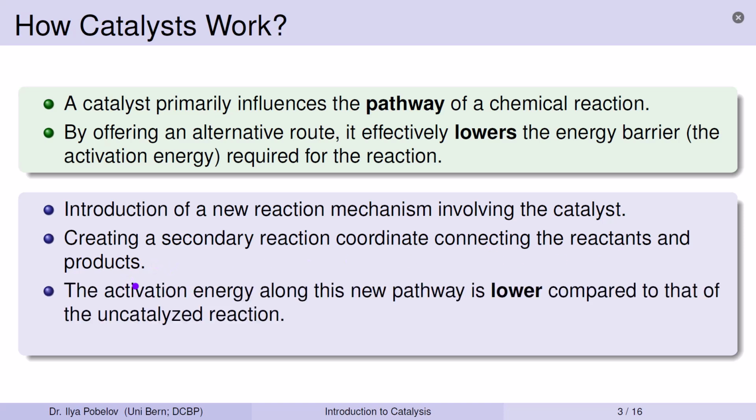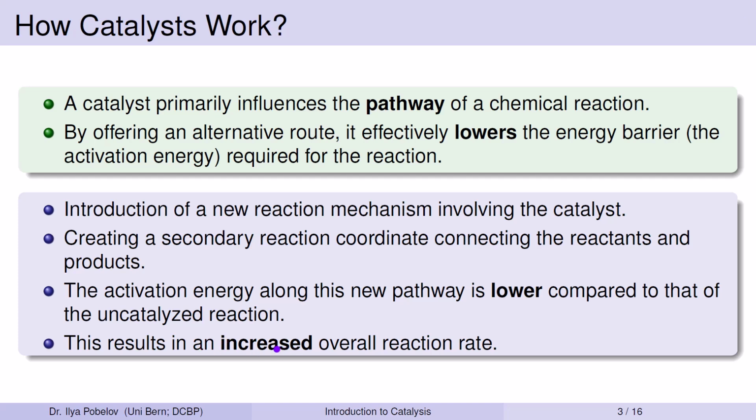The key here is that the activation energy along this new pathway is lower compared to that of the uncatalyzed reaction. Consequently, this results in an increased overall reaction rate.